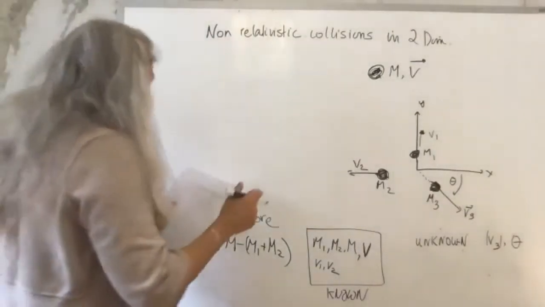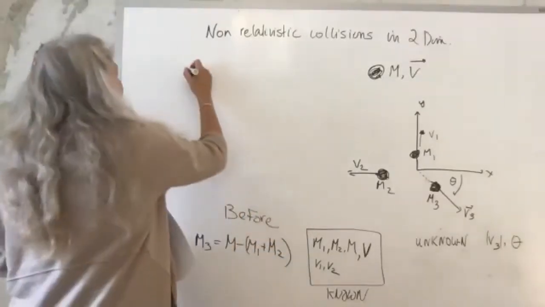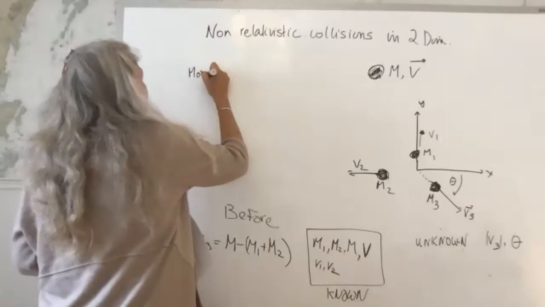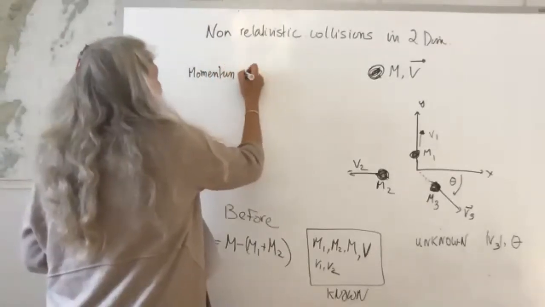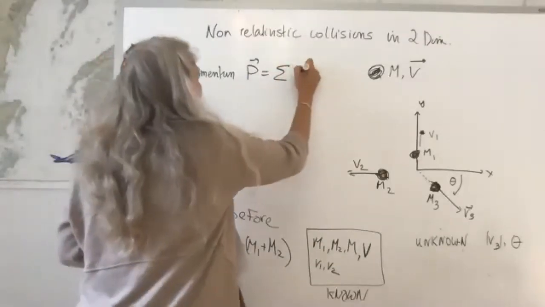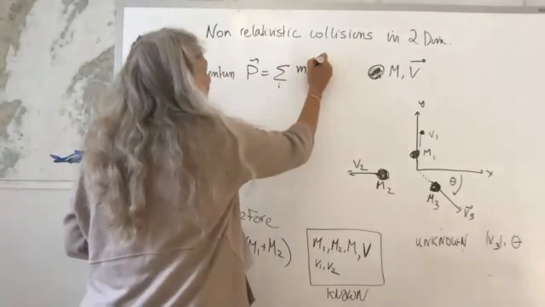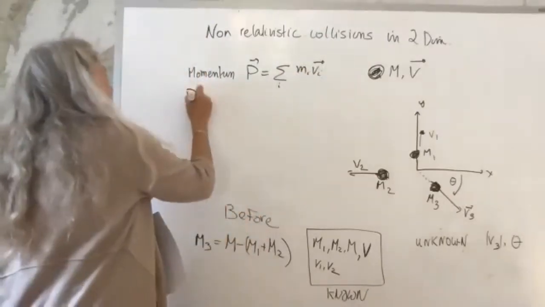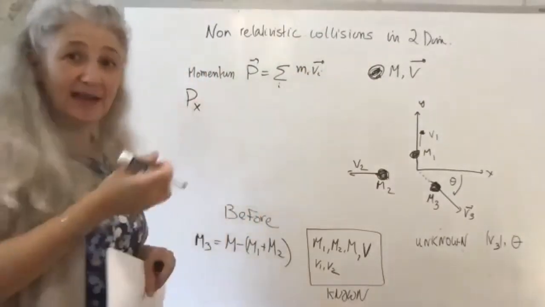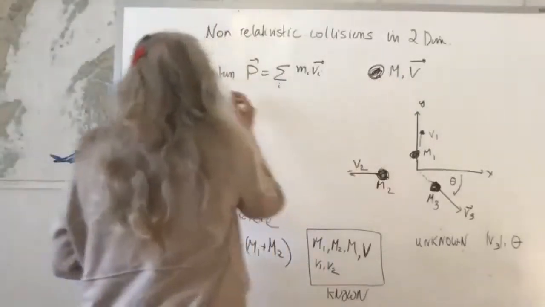So let's use conservation of momentum. So the total momentum over the particles. Let's take Px, the x component of momentum. Initially it's m times v.